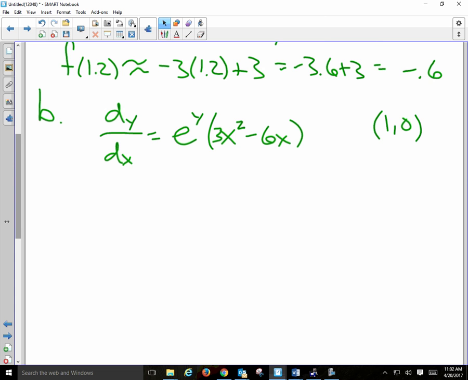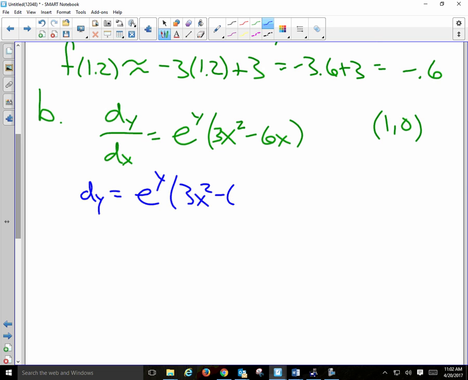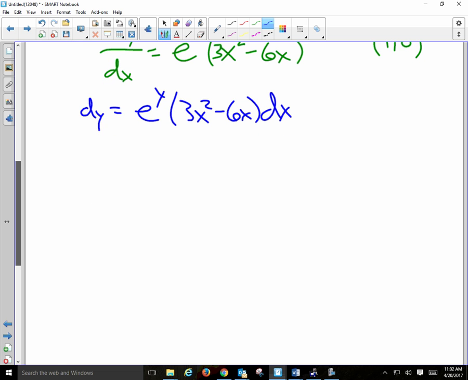Times by dx. So dy is equal to e to the y times 3x squared minus 6x dx. Now what? Divide by e to the y. So 1 over e to the y dy is equal to 3x squared minus 6x dx.